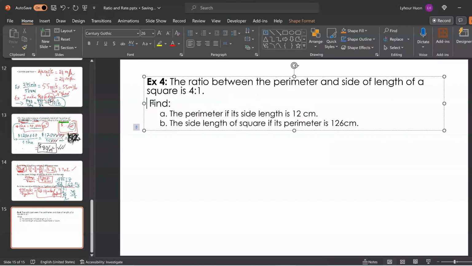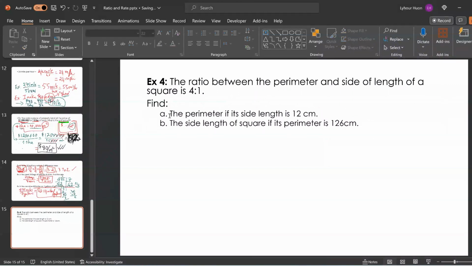Let's try this, maybe easier to read. Question A, find the perimeter if its side length is 12 centimeters. And B, find the side length of the square if its perimeter is 126 centimeters.